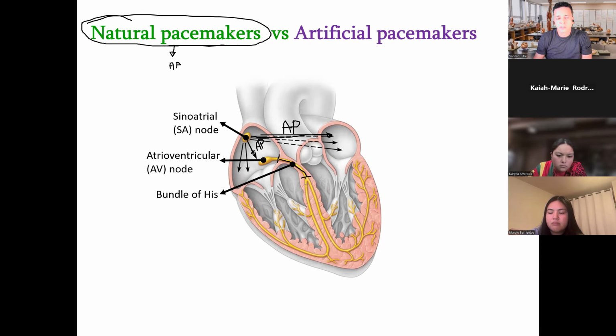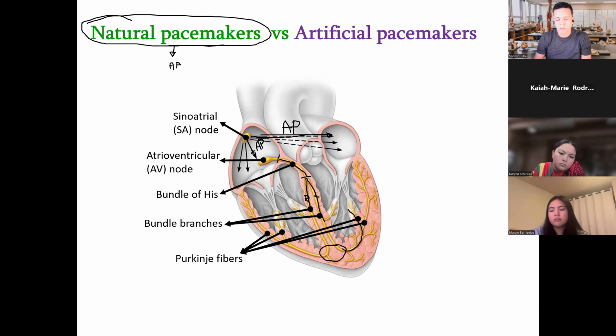Then the bundle of His is going to split into two, what we call the bundle branches. So we have a left bundle branch and we have a right bundle branch. And the bundle branches get all the way to the apex. Now they're going to become what we call the Purkinje fibers. Okay? And again, they are spreading the action potential through the cardiac walls.